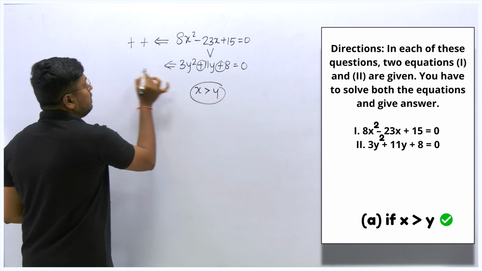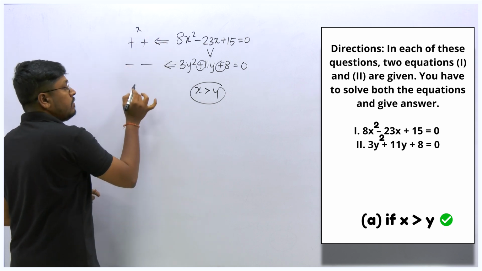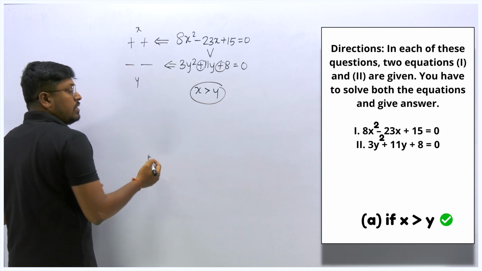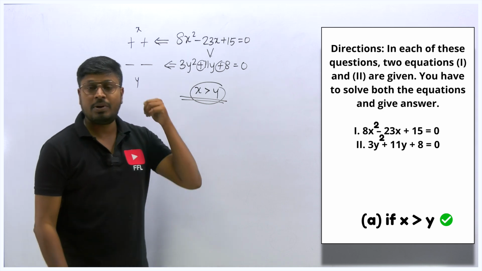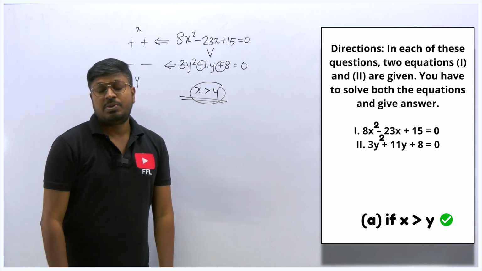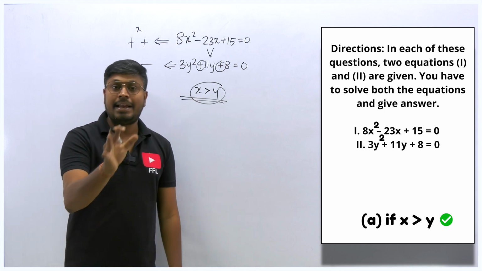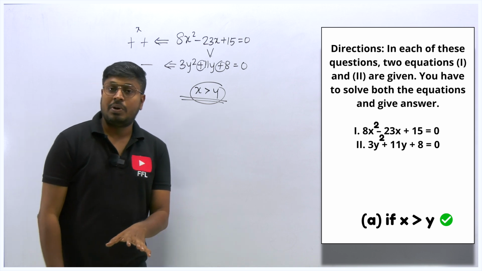So definitely both the roots will be minus and minus. So both the x values are positive, both the y values are negative. So definitely x will be greater here. At any point y will not be greater than x because both the y values are negative and both the x values are positive. So we can surely say that x is greater than y, which will be the answer for this question. So friends, understood or not, right?